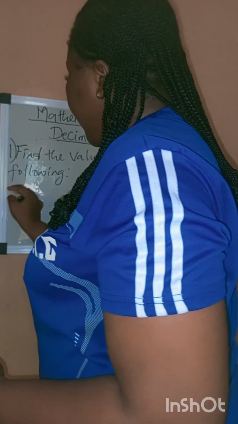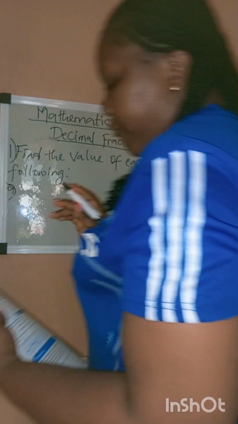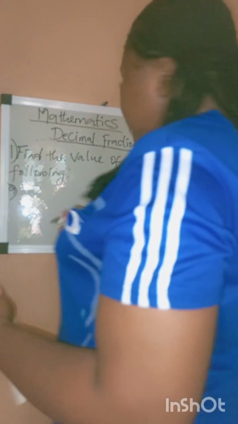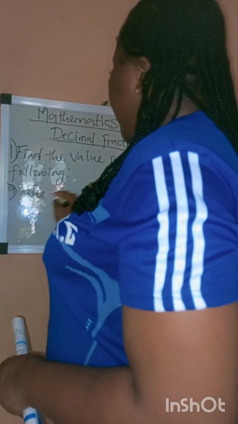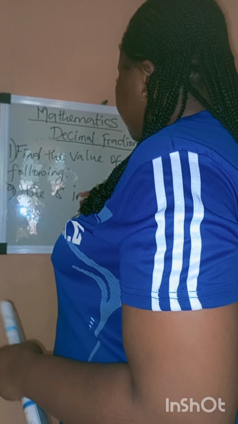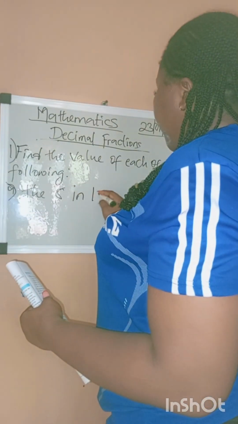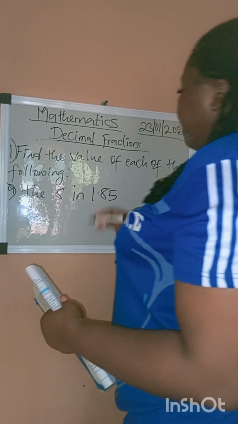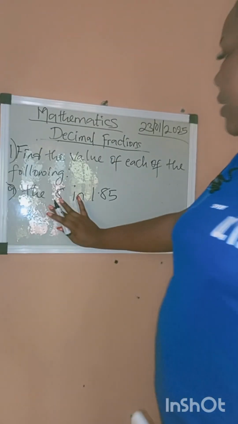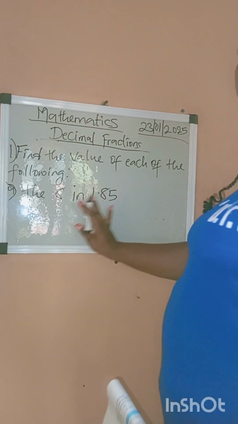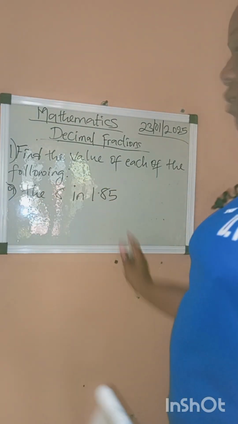Here we have A. Our A here is the 8 in 1.85. You have to find 8 in this number.